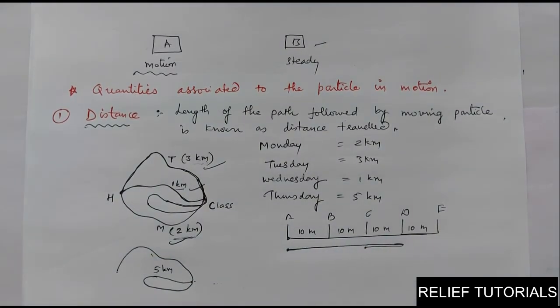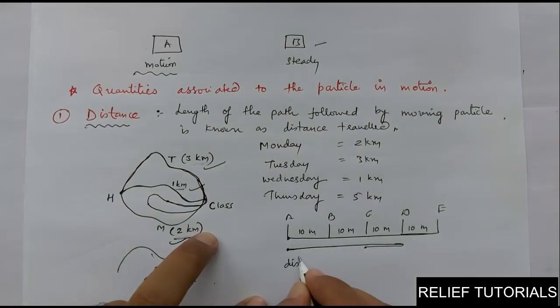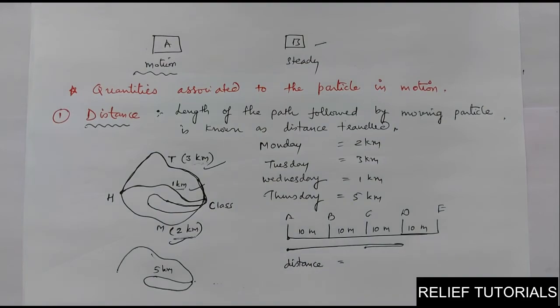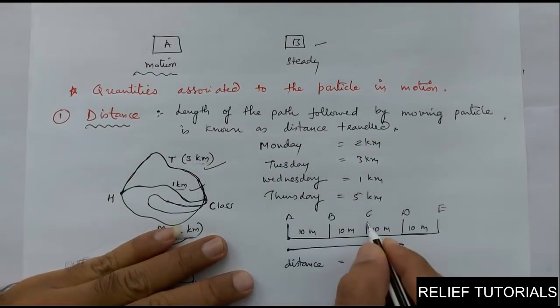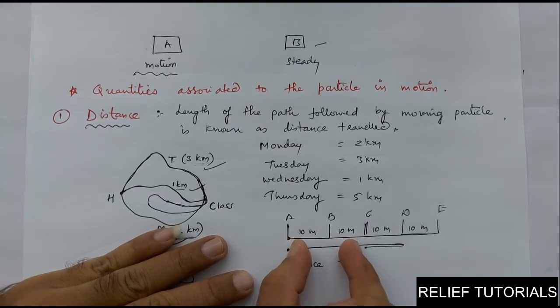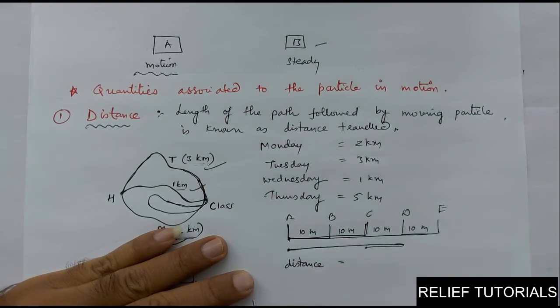So if I ask you the distance traveled by me, you have to see the path. Otherwise, if you neglect the path, the distance between A and C seems to be 20 meters only. If I go straight from A to C, it is only 20 meters, but I have taken the path like this. 10 here, 10 plus 10, 20 plus 10, 30 plus 10, 40.